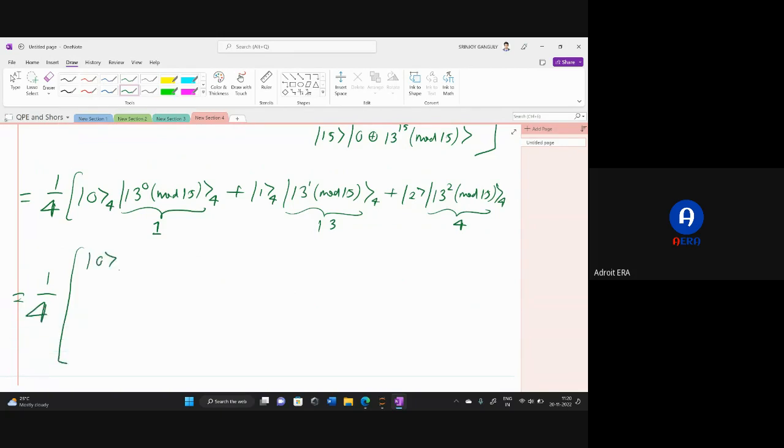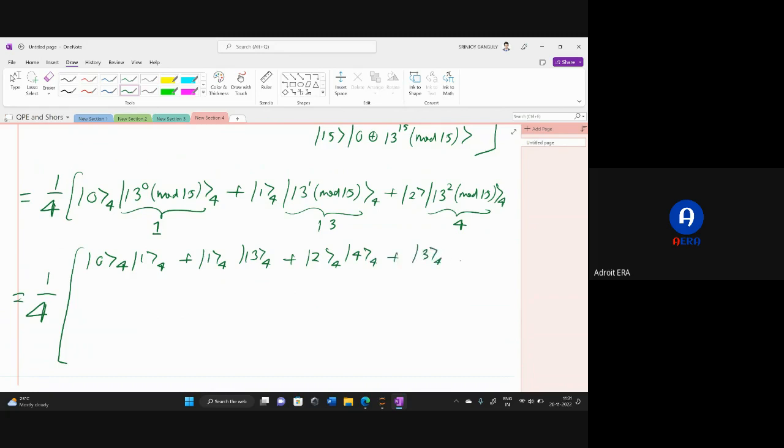So ket 0 with 1, plus ket 1 with 13, plus ket 2 with 4, and plus ket 3 with 7.